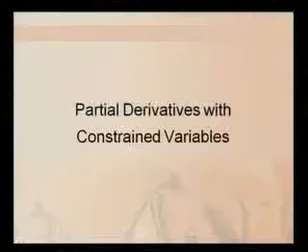After that we saw the Lagrange multiplier method. Then we discussed the Taylor series for two variables, which we can find using the partial derivative, and lastly we have seen the partial derivative with constraint variables. So this is it for today.